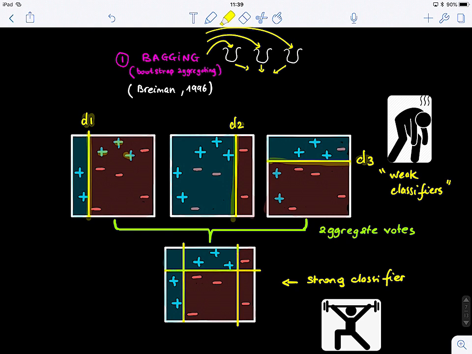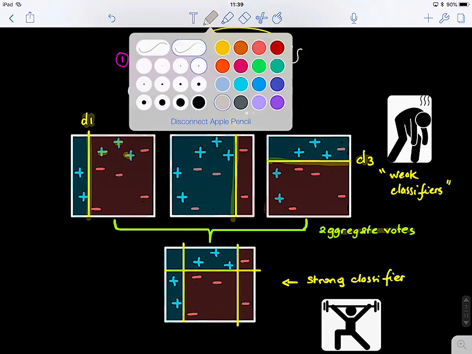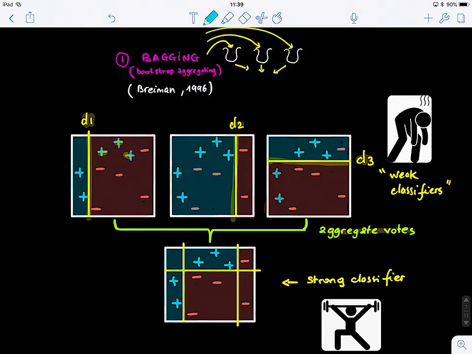But somehow, by aggregating their votes, here we take the overlap between the majority. For each blue region, if the majority agree that this is a blue region, we will label it as blue. For example, for this area, it's blue by the first classifier, blue by the second classifier, and by the third it's blue and red, but the majority said it's blue, so all of this region will be blue.